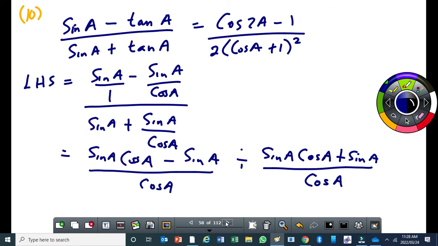So we have got our left-hand side. Okay, I converted tan to sine over cos. Then I converted the tan to sine over cos as well. Right? I converted this division line here to a division sign.